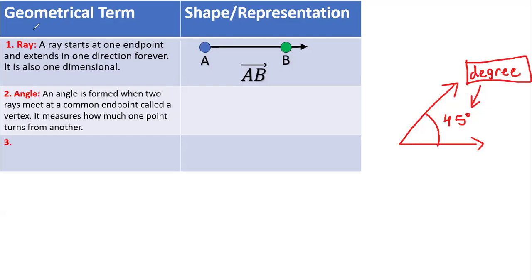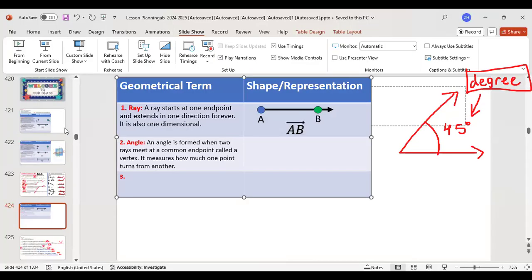Want me to give y'all a hint, or y'all think y'all can get it? Does anyone have a scientific calculator? I have one. Okay, look on your scientific calculator, and that's the hint.